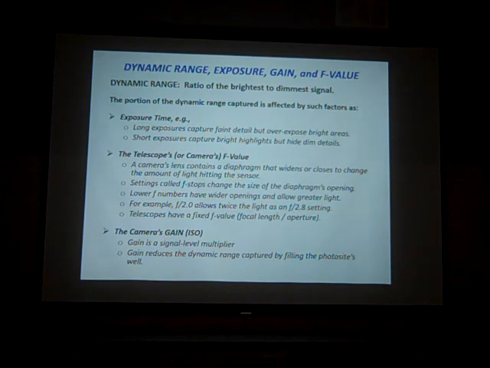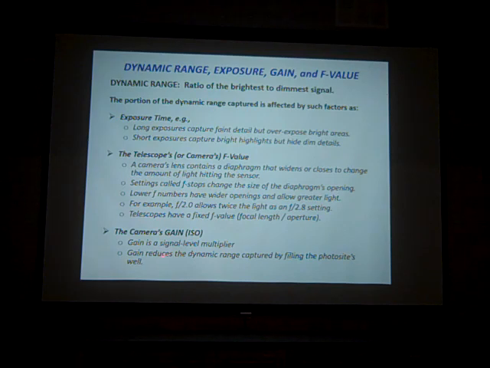In fact, if we go from, let's say, a 2.8 to 2, this has the same effect as doubling our exposure time. So we could keep exposure time the same, but just go to a lower numbered f-stop. And so we have that trade-off, and that's often quite useful, at least to me when I'm out taking images at night with my digital single lens reflex camera.